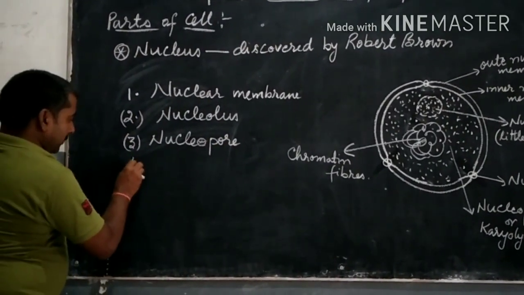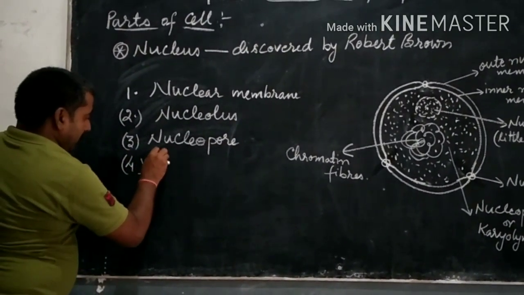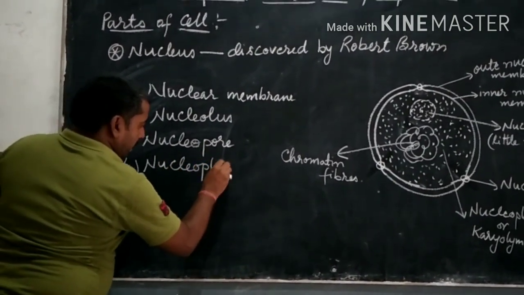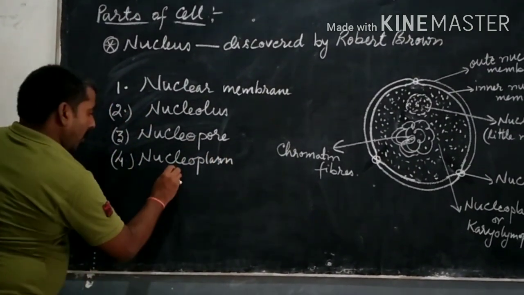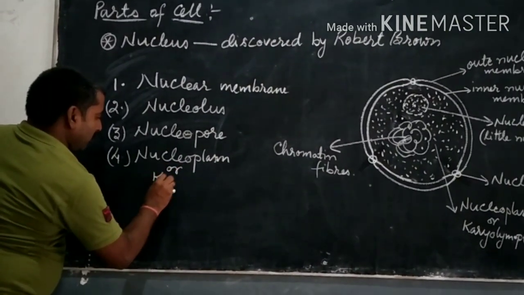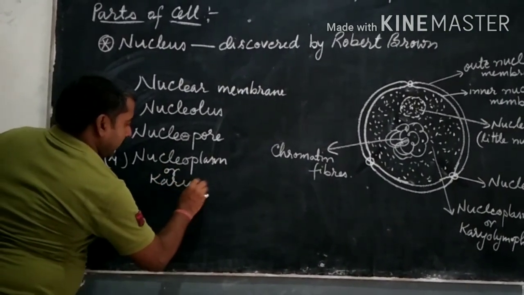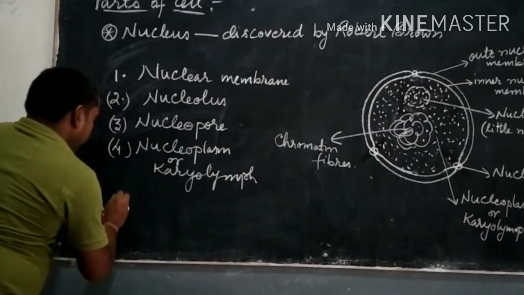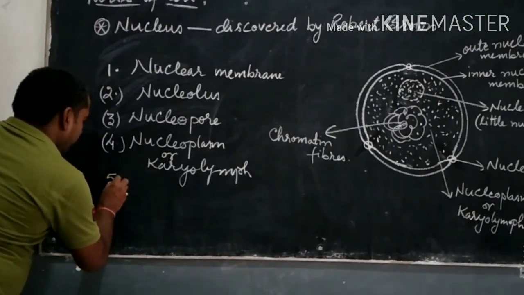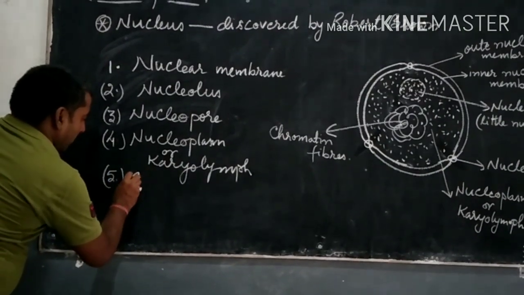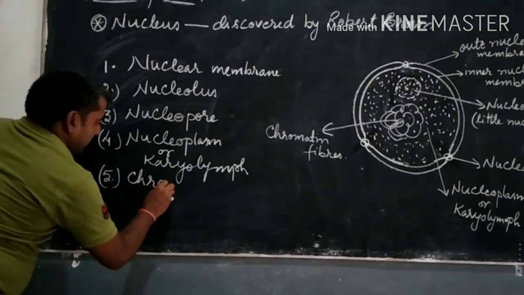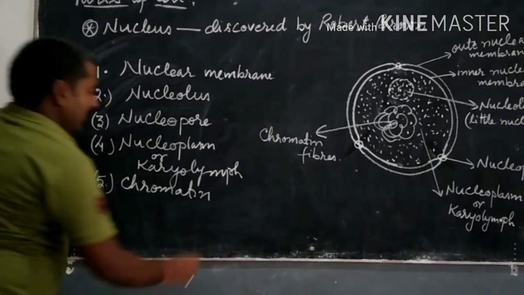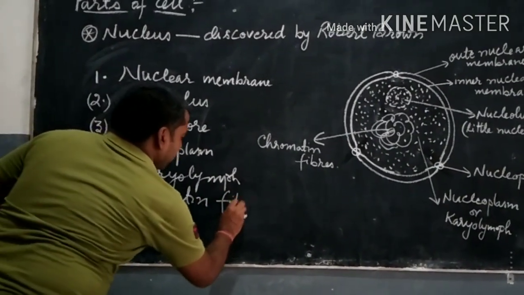The fourth part is nucleoplasm, or we even call it karyolymph. And the last part, the fifth part, is called chromatin fibers. These are the different parts of nucleus.